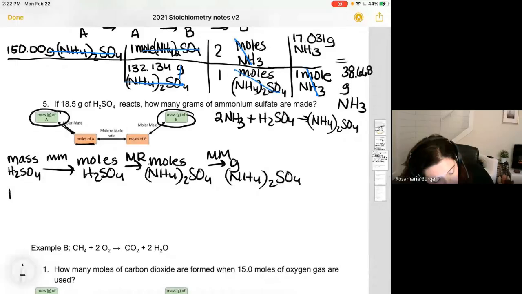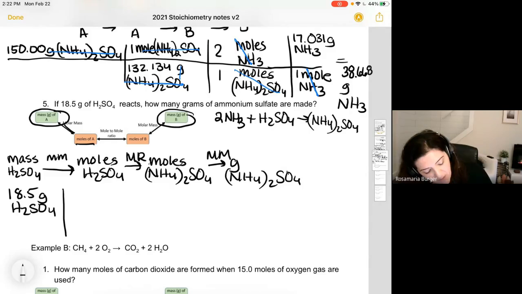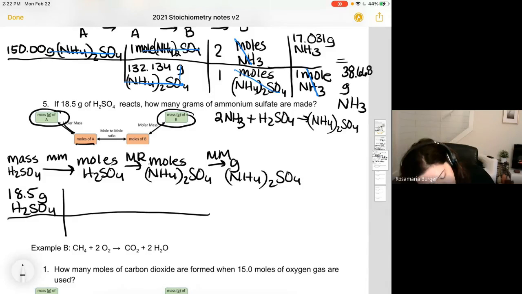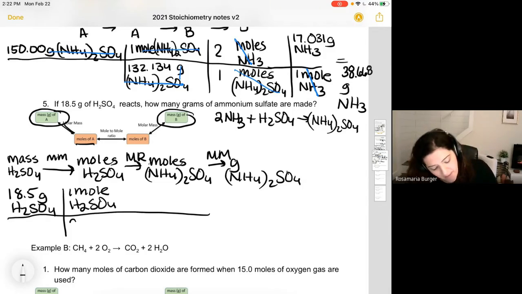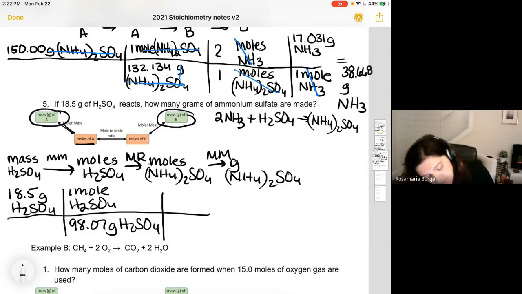We're given 18.5 grams H2SO4. To get rid of grams and get moles, in 1 mole of H2SO4 there are 98.07 grams of H2SO4. It's given to you up higher on this document. And then the mole ratio, it's a 1-to-1 mole ratio. So I'm going to put moles of H2SO4 on the bottom.